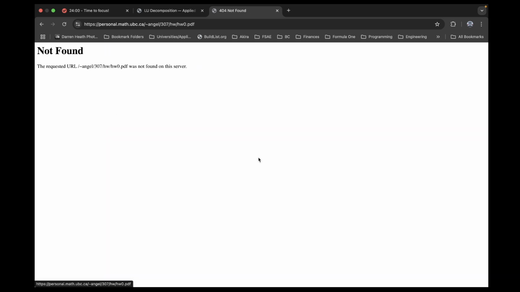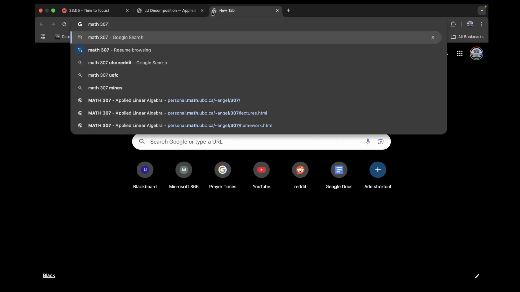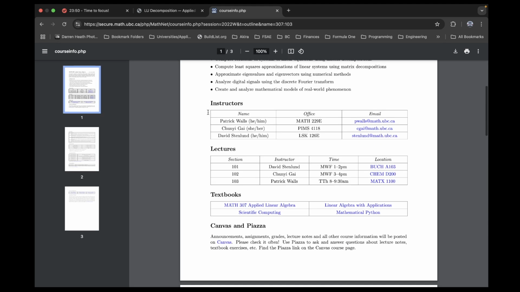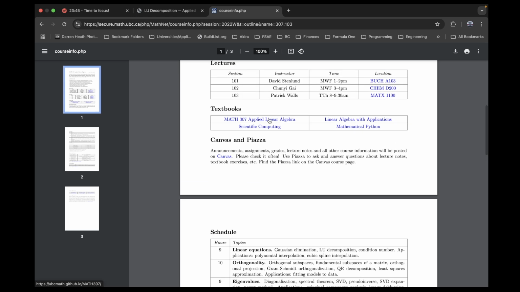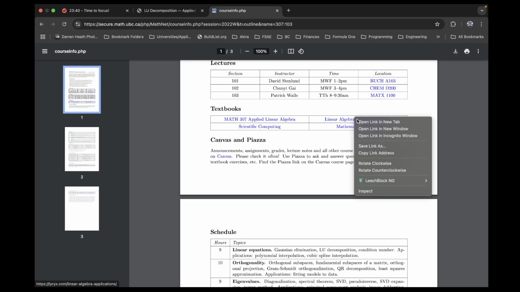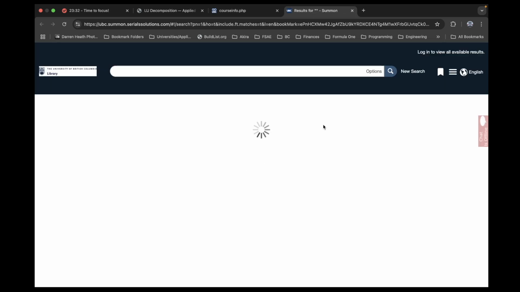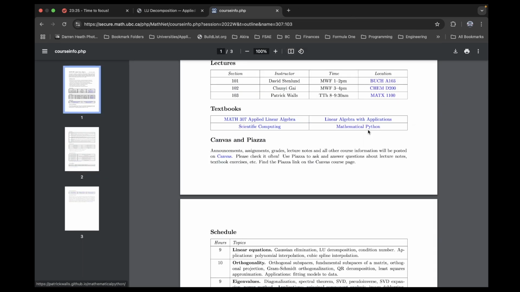Homework. 307. Okay, what is this? Oh, that's the GitHub. Can't reach that. Nope.